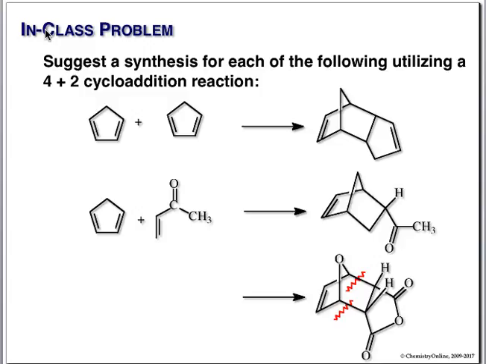This used to be a double bond. Look at this, it's an acid anhydride, isn't it? Carbonyl, oxygen, carbonyl. But the double bond here simply looks like that.